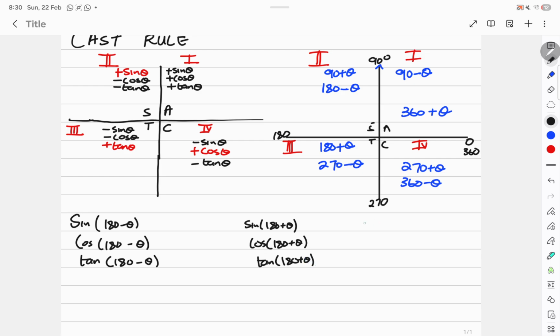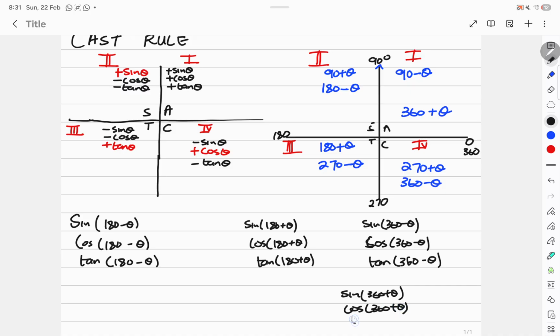And then we have the sine of 360 minus theta, the cos of 360 minus theta, the tangent of 360 minus theta, and then the sine of 360 plus theta, the cos of 360 plus theta, and then the tangent of 360 plus theta. All right, now this is what I'm having.